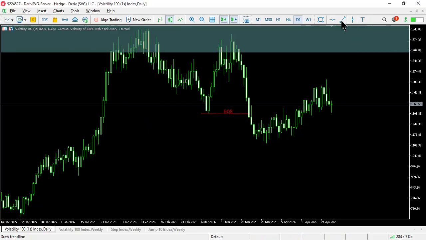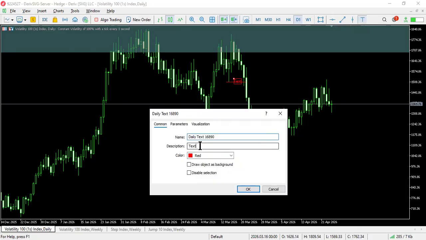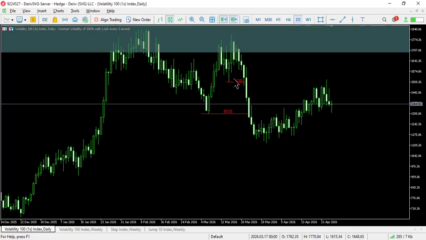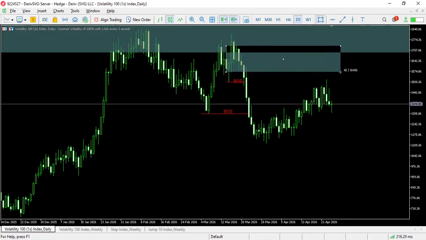And then we also have the internal break of structure, and then the order block which caused the internal break of structure. It is that order block right there.